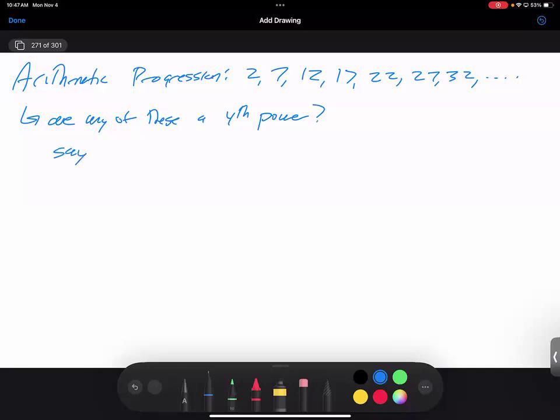say 2 plus 5m equals a to the 4th, right? A to the 4th is a squared squared, so a squared is an s, and then a is an s, right? So we would get not just the square root, but the square root of the square root is also an s.